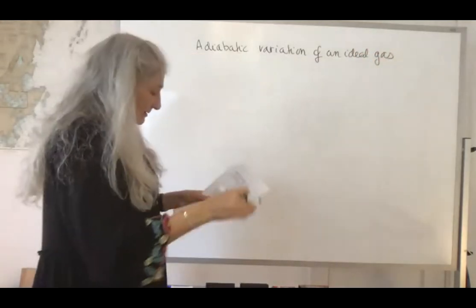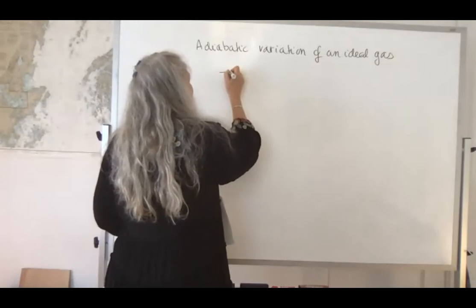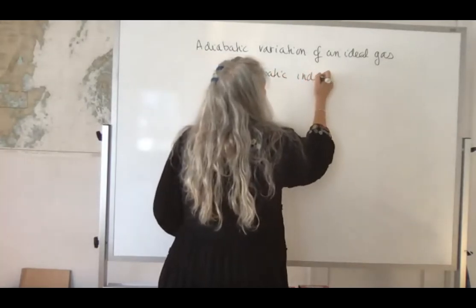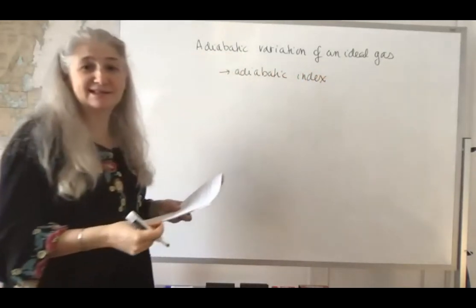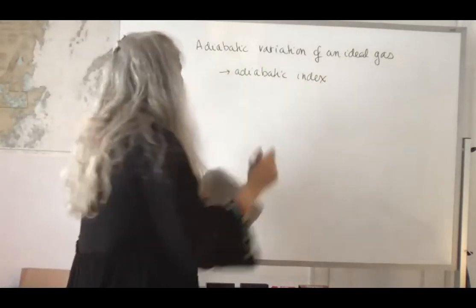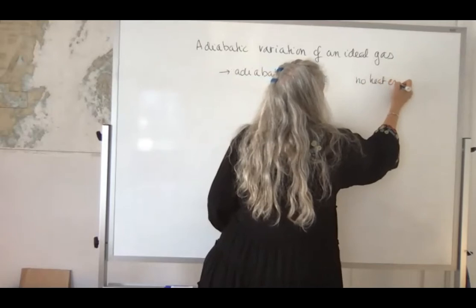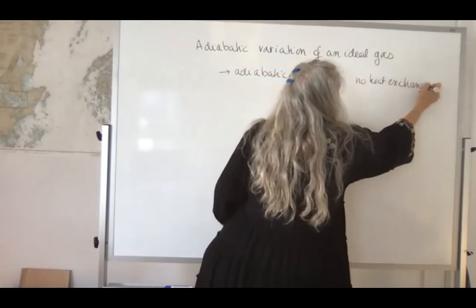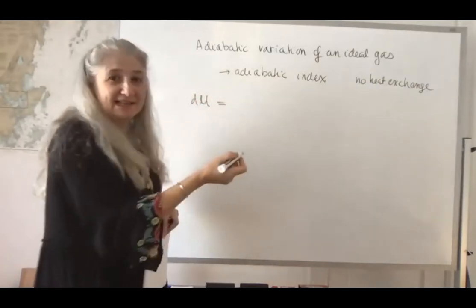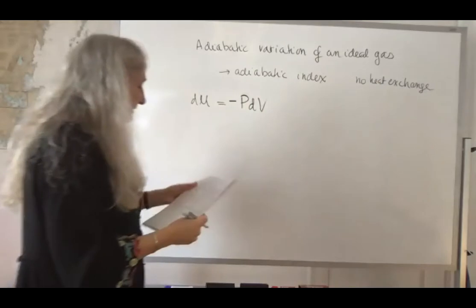And what we're going to wind up with is we want to define something called the adiabatic index. So remember, adiabatic means no heat exchange. So that means dU, the change in energy, would be TdS minus PdV, but because there's no heat exchange, it's just minus PdV.